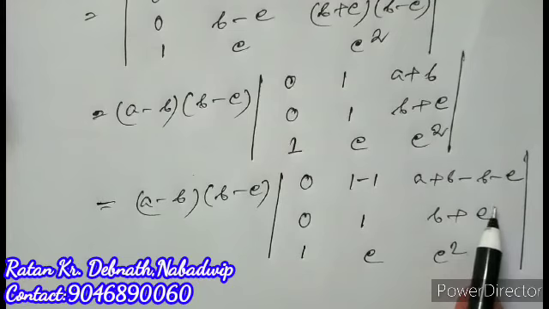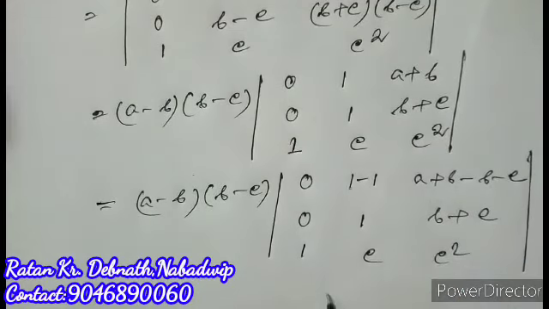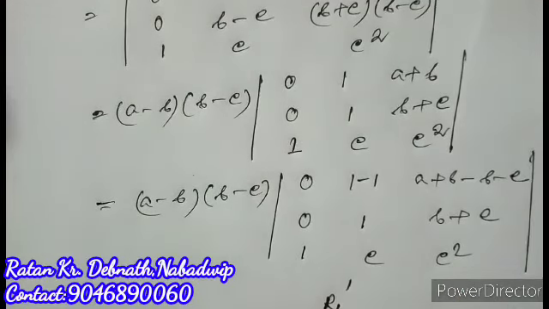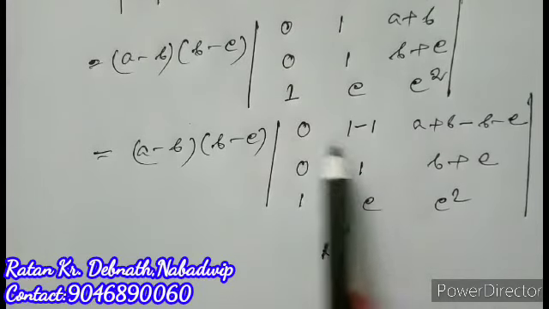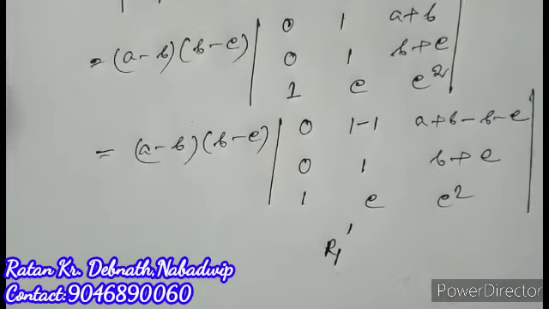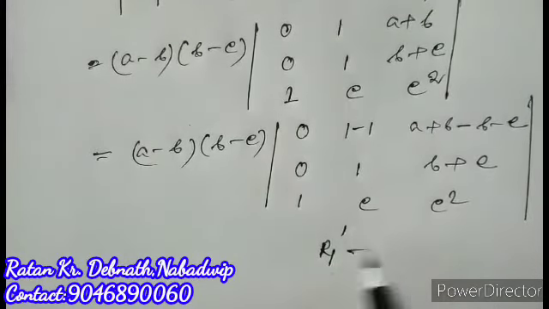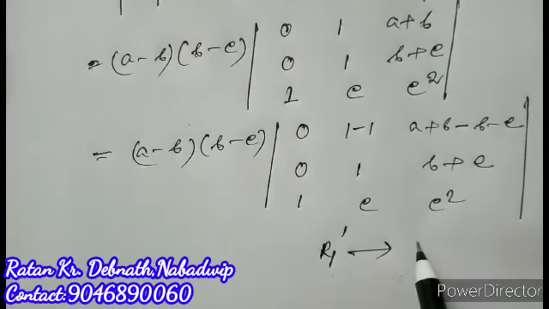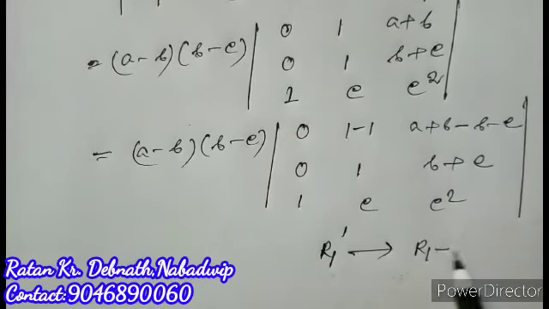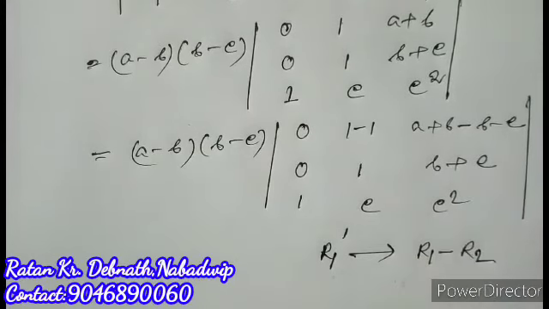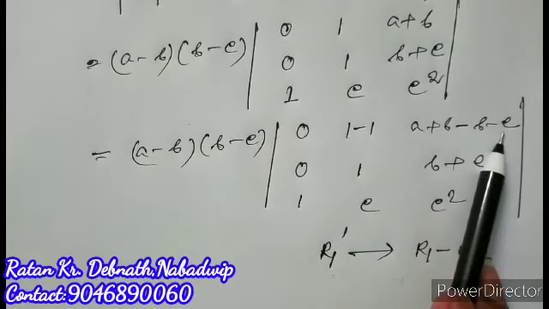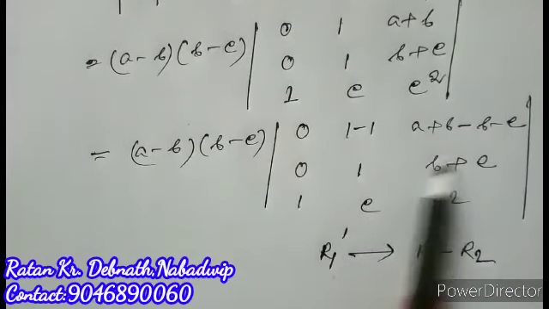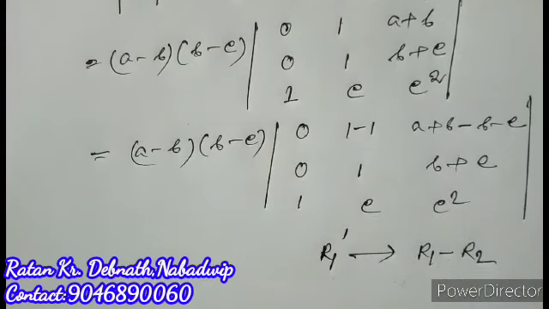What I did here: r1 prime, that means new r1, formed by r1 minus r2, subtracting the second row from the first one.